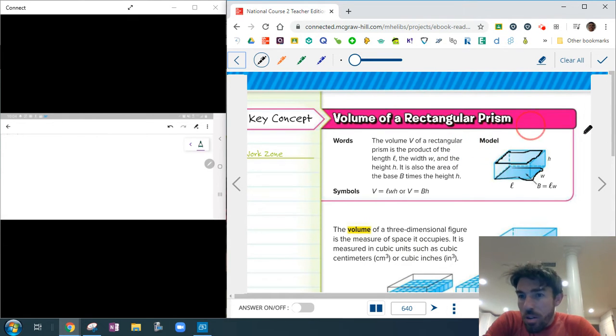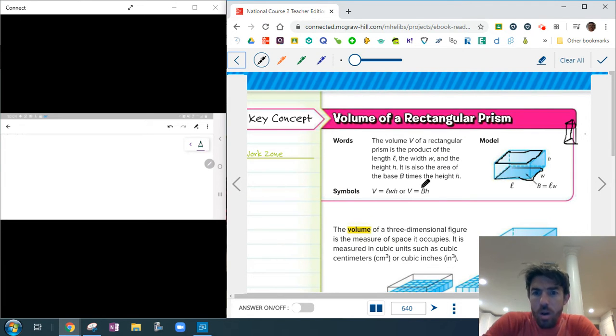A triangular prism would have a triangle and then an identical triangle that's parallel to it, and then it's connected kind of like this. It's not too bad. But anyway, there you go. That's a triangular prism. This is a rectangular prism, and it's all about the two bases.